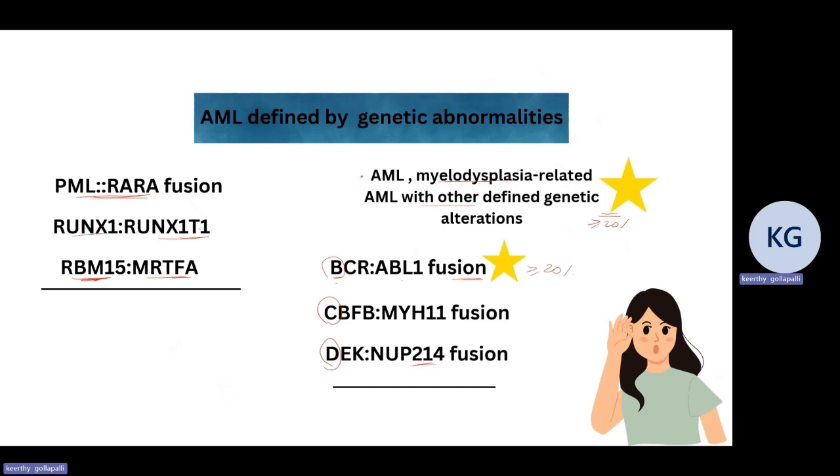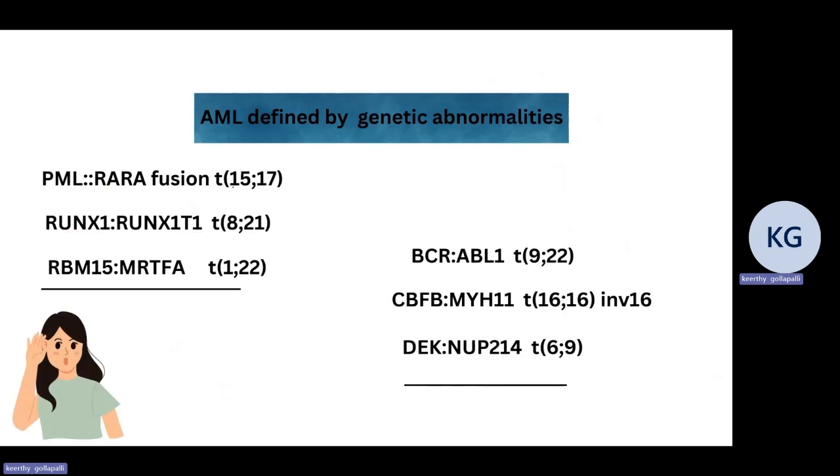So done. After this, we have to remember the translocations. We already know APML, right? That is PML-RARA, 15;17, you know, right? BCR-ABL, you know, 9;22. This is there for your CML also, right? Now just remember 22, no? So here also 22. For RUNX1-RUNX1T1, it is 8;21. Whereas RBM15-MRTFA is 1;22.